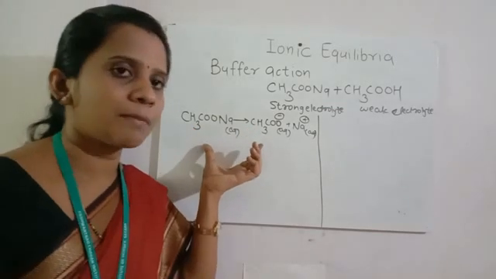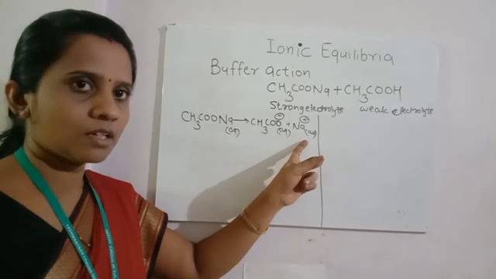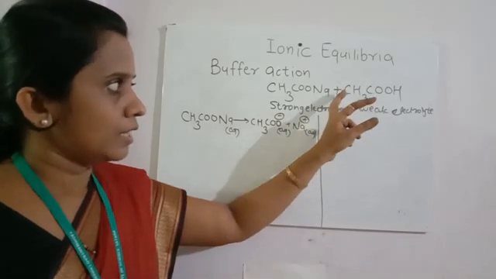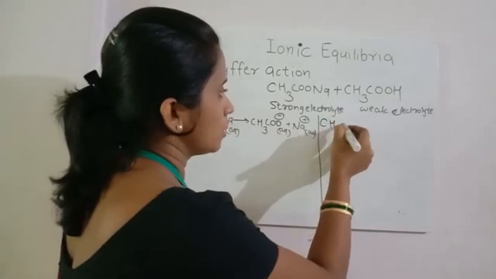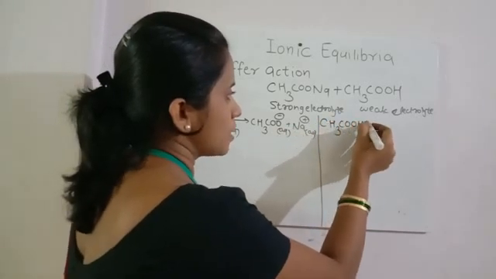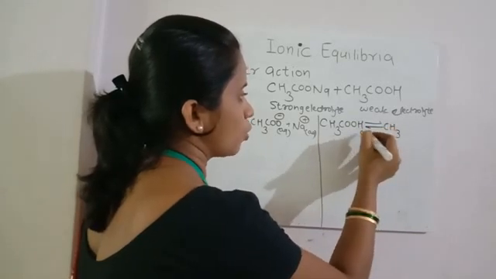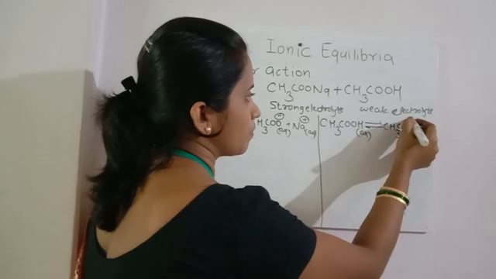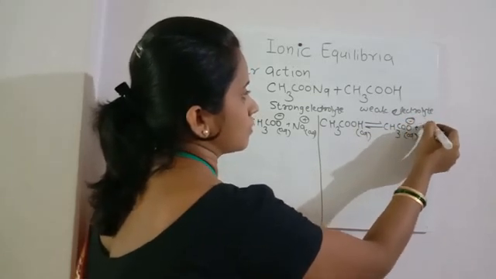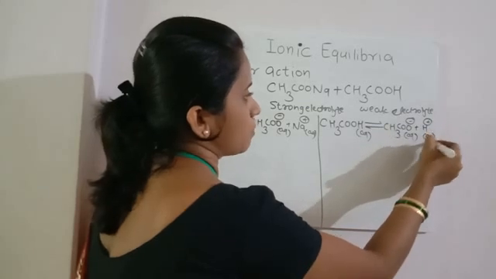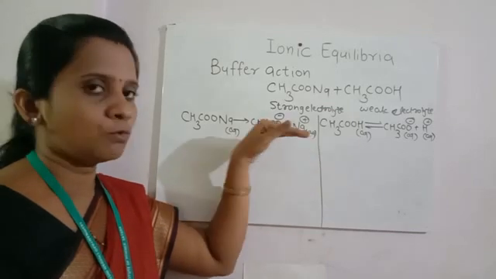So all the sodium acetate molecules are converted into corresponding ions. And for weak electrolyte, what will happen? Partial dissociation. CH3COOH will dissociate partially in water to give acetate ions plus H plus ions. Now, what is the next step?